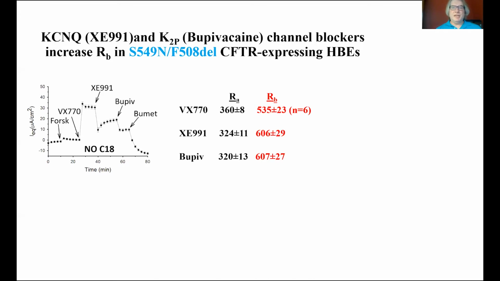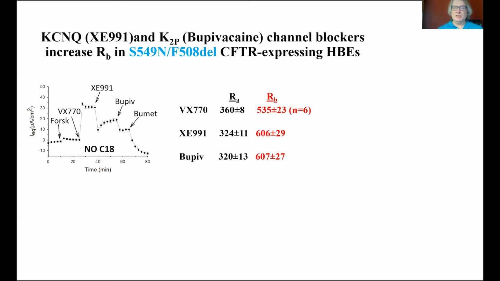You can see that the basolateral membrane resistance is actually increasing by approximately 70 ohm centimeters squared. At this point, we have a relatively small number of studies, with n equals 6. Again, the apical membrane resistance shows a small decrease, which cannot explain the decrease in current following addition of a potassium channel blocker.